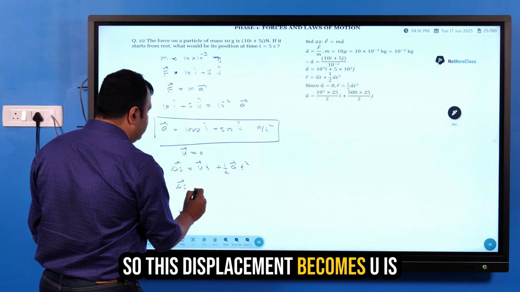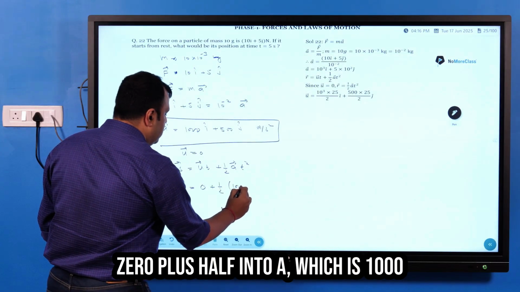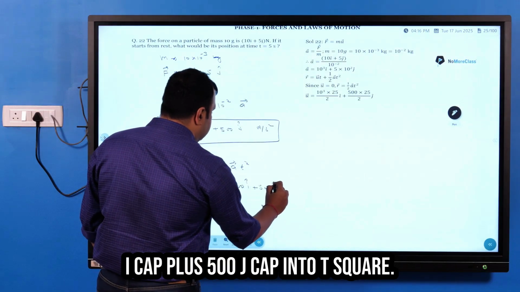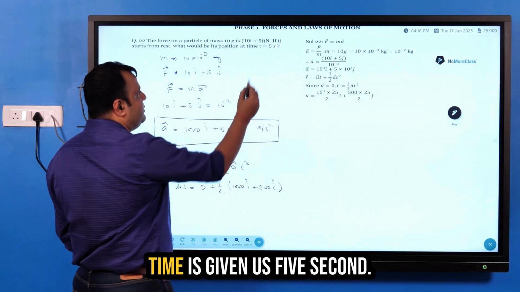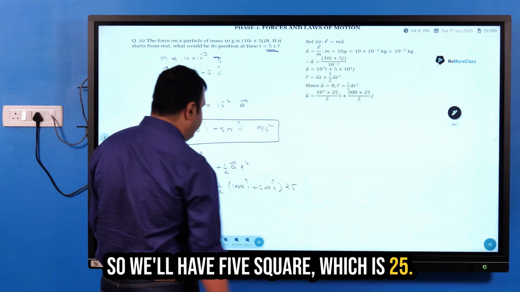So displacement becomes u is 0 plus half into a, which is 1000 i cap plus 500 j cap, into t square. Time is given as 5 seconds, so we'll have 5 square, which is 25.